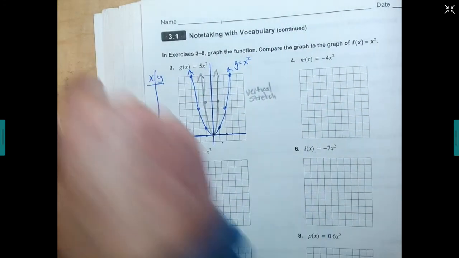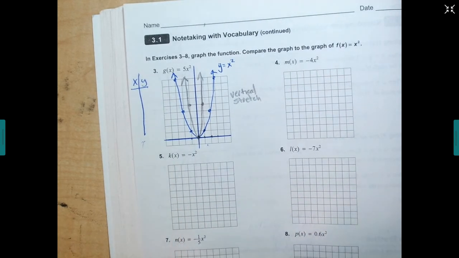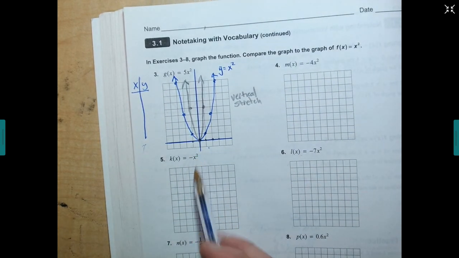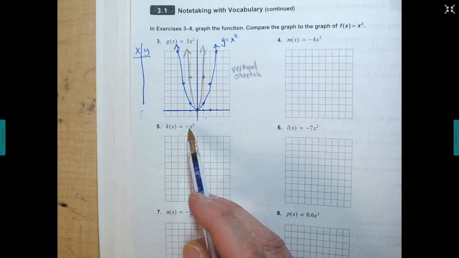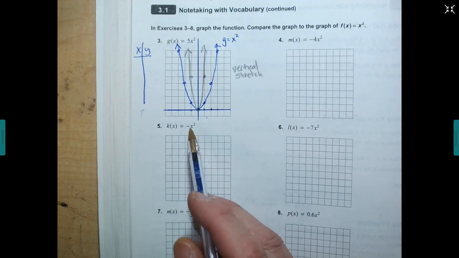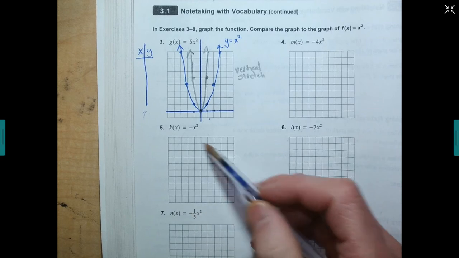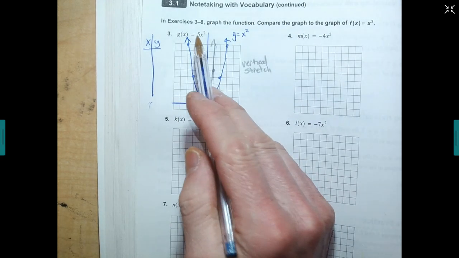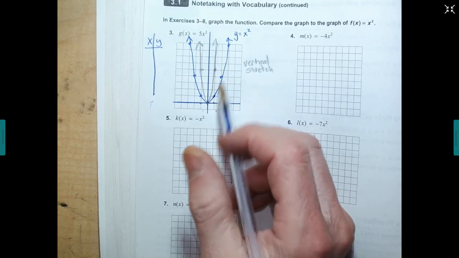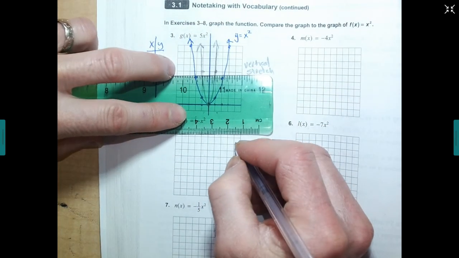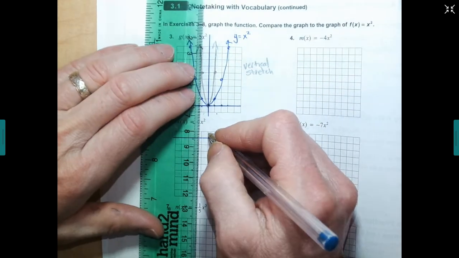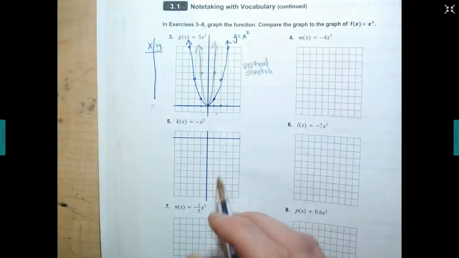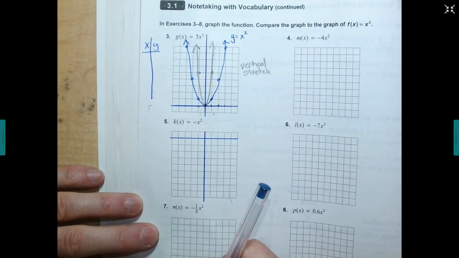Okay, let's look at another one. Let's look at K. I will give you a little hint. When it's negative, it reflects across the x-axis. A negative is a sad face. A positive number, happy face, right? A smile goes up. A negative number is a sad face. So as soon as I see a negative, I'm going to put this up high on my graph, because I know it's going to go down.